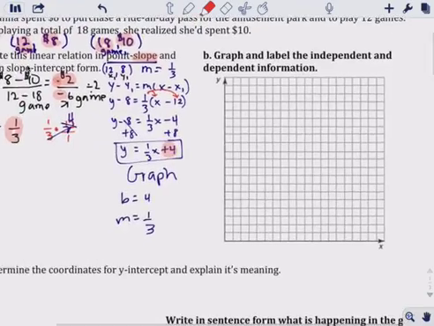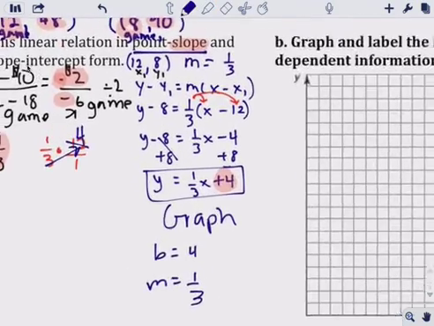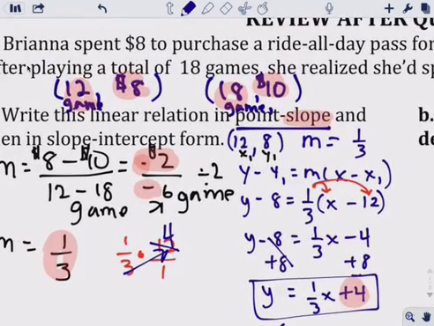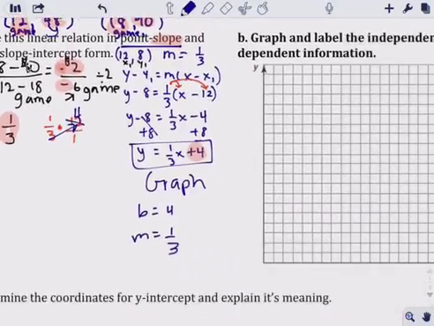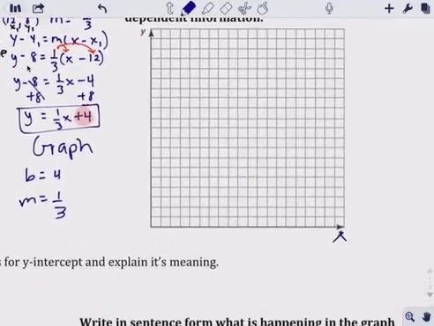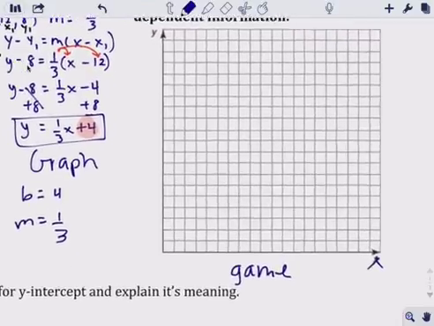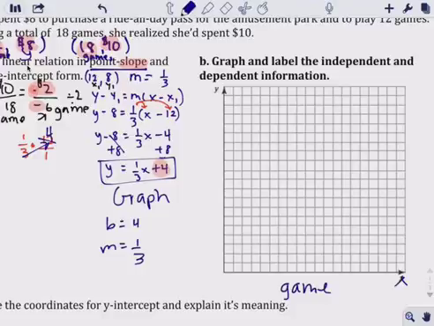So graph this. Now, your x is your games and your y is your dollar. So right here is your x, the independent, that's your games. Your y is your dollar.